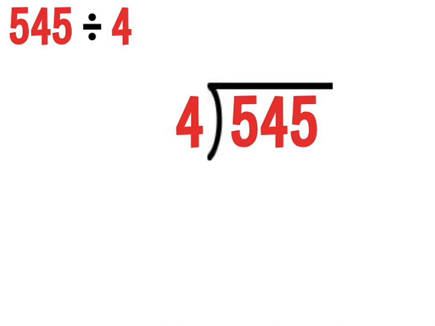Now we look back and know that we already know how to divide normal numbers by a smaller divisor, like the number 4. So if we practice 545 divided by 4, we start by asking how many times does 4 fit into 5? Once, just 4. Take that away, bring down the 4. 4 fits into 14 3 times, and that is 12.